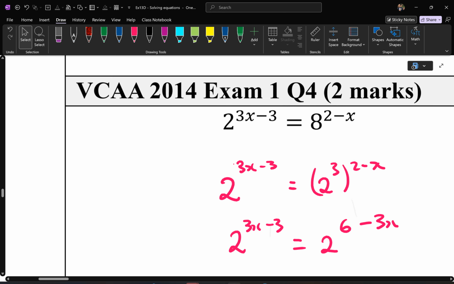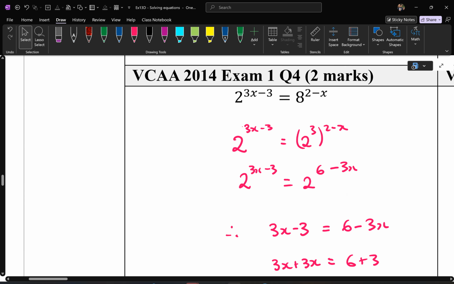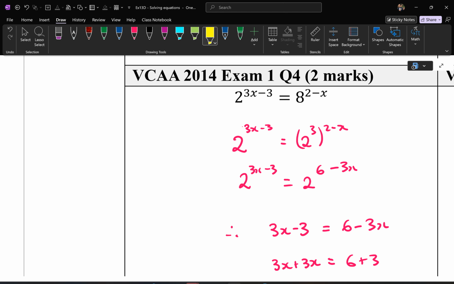Here we go. First one, change the 8. Get a base 2. The only mistake that students make, and why it was in the exam, is because examiners know students screw up that step.